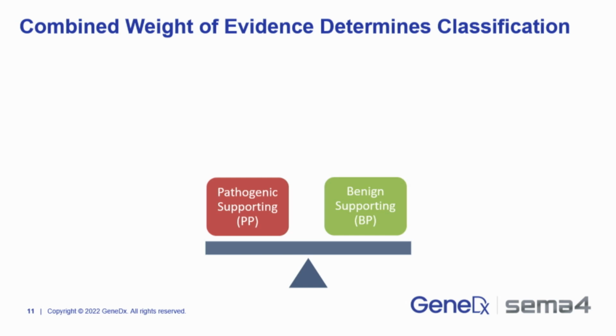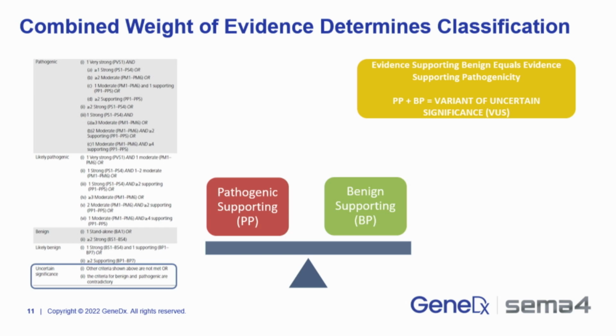And then maybe we've got an in silico model that's saying, oh, it's pathogenic. So we have two pieces of evidence, one suggesting pathogenic, one suggesting benign, but they're both only supporting level. It's not very strong evidence. And so this variant would be classified as a variant of uncertain significance because we just don't have enough information to make a different classification.